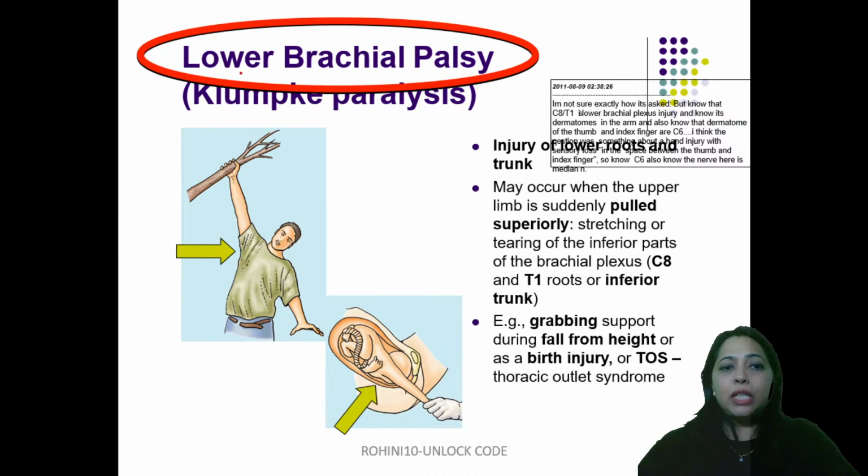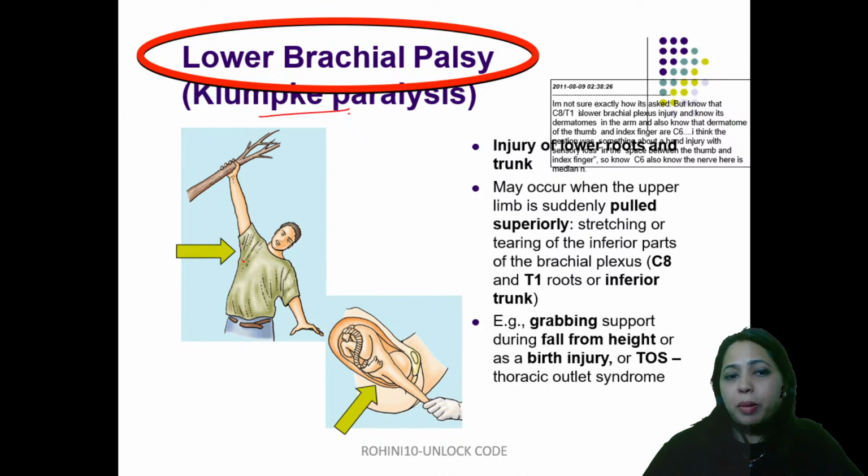Next, you have seen lower brachial palsy, Klumpke palsy. See here, you can just remember the person hanging from the trunk. So here you can see it is extended. This portion is completely stretched. This is what happens. When the head is pulled, it is Erb's palsy.